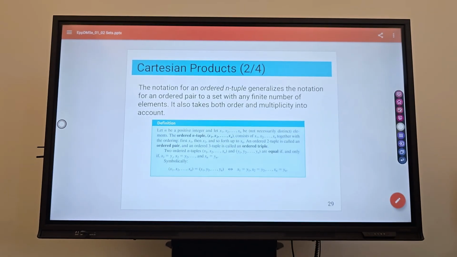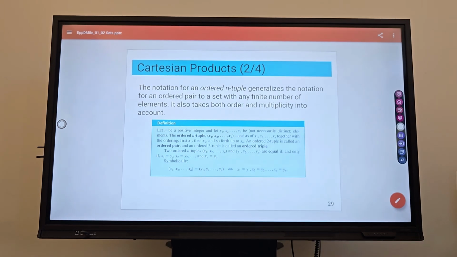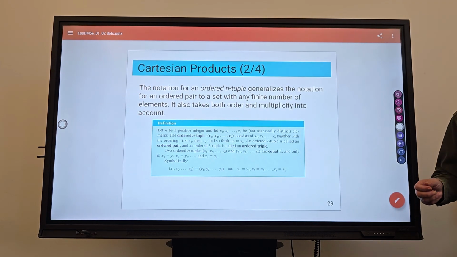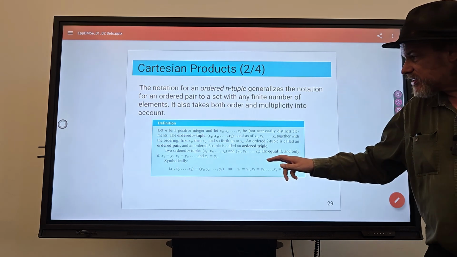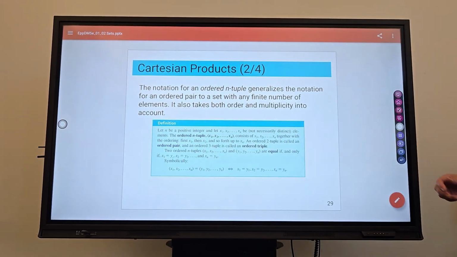Now the notation for an ordered n-tuple generalizes the notation for an ordered pair to a set with any finite number of elements. It also takes both order and multiplicity into account. So an ordered tuple would be like an array in C++, only it's denoted with parentheses instead of curly braces.